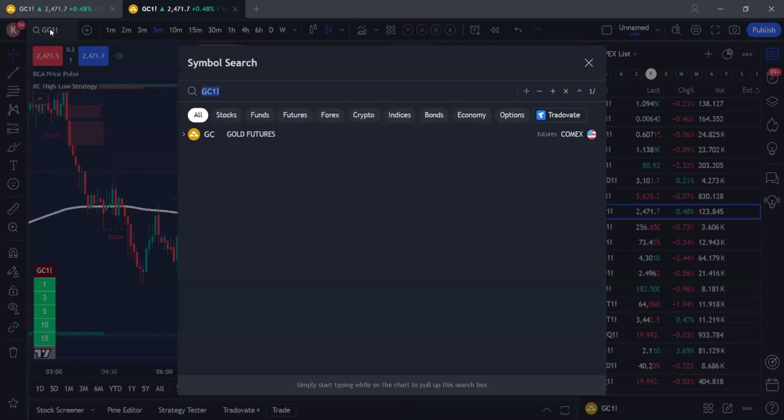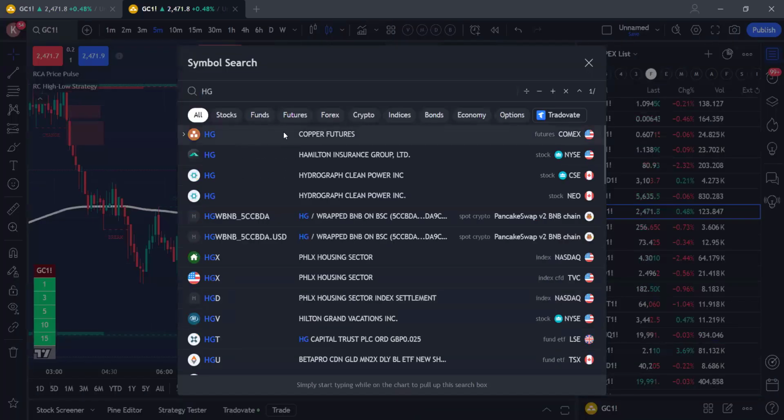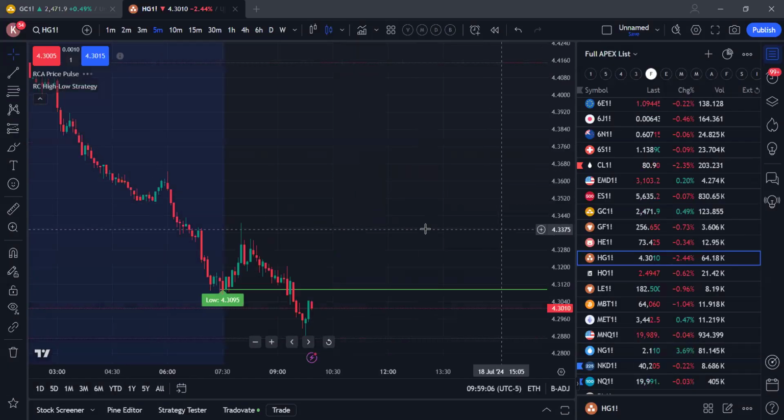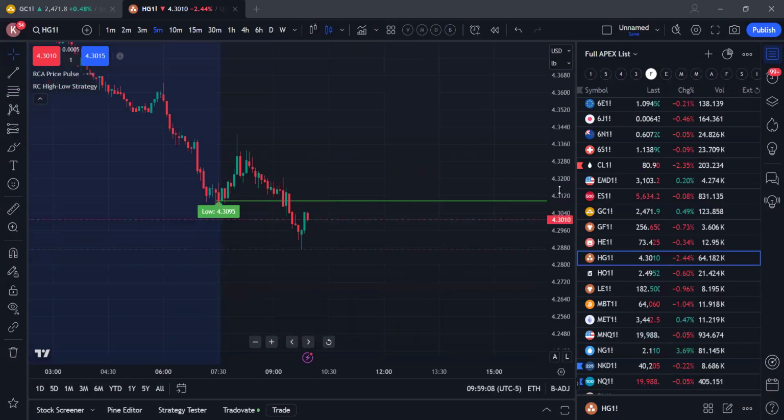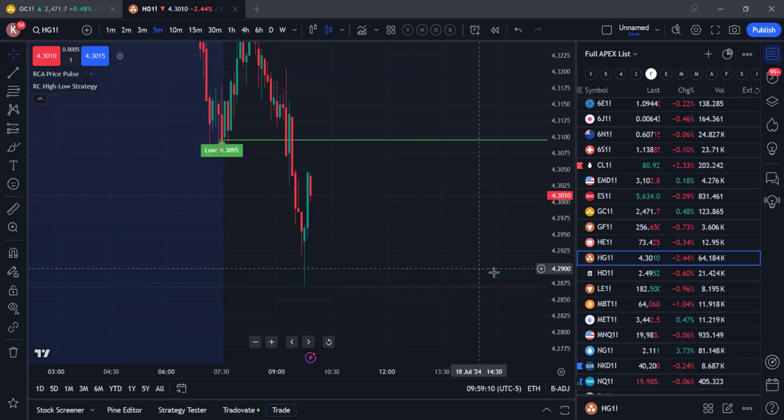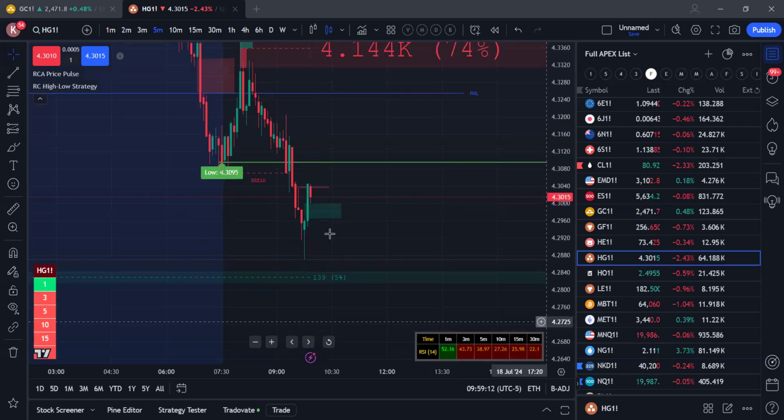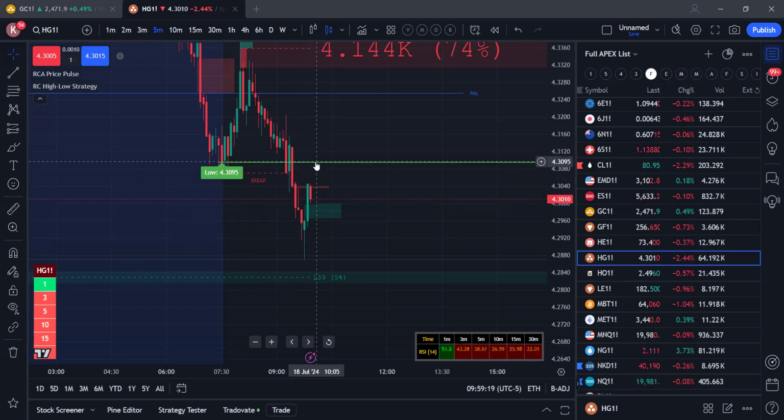So now you go and check for copper. You can see that it is below the low. That means there is a high chance it may touch this one, and then again it may drop.